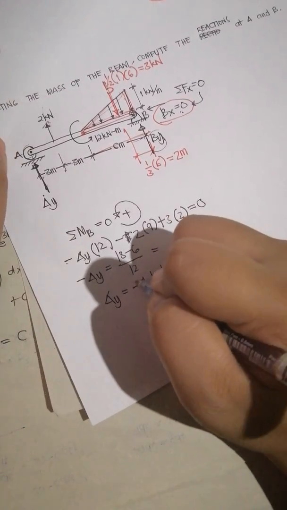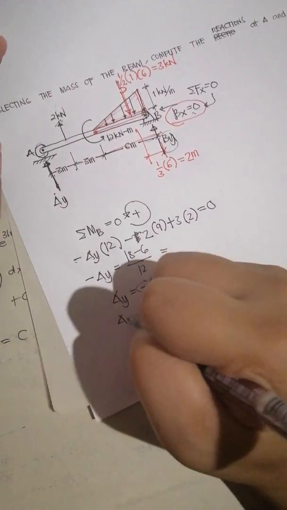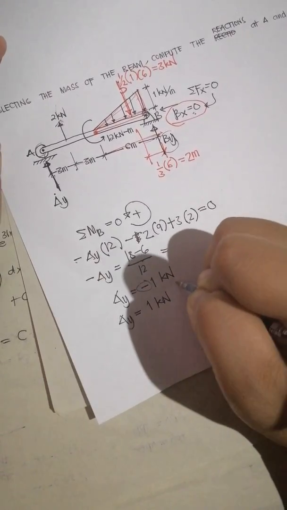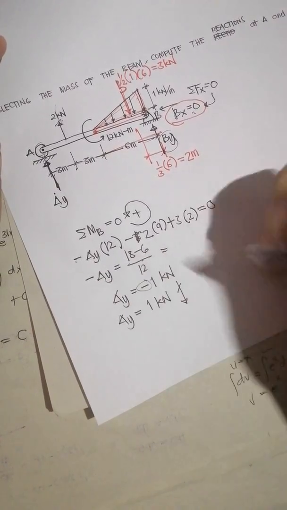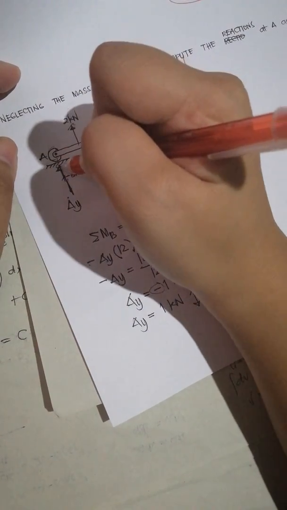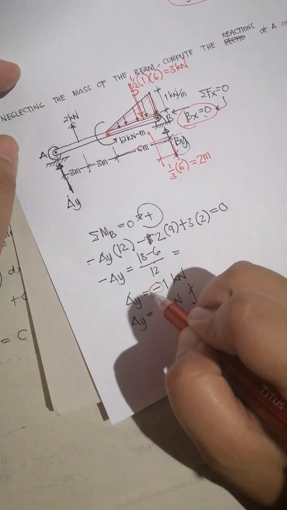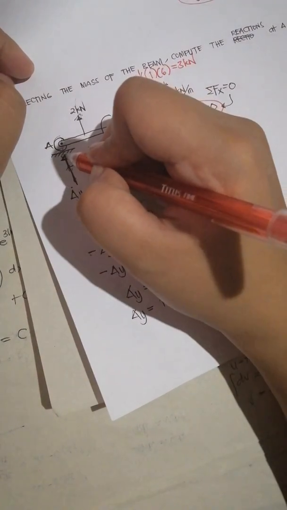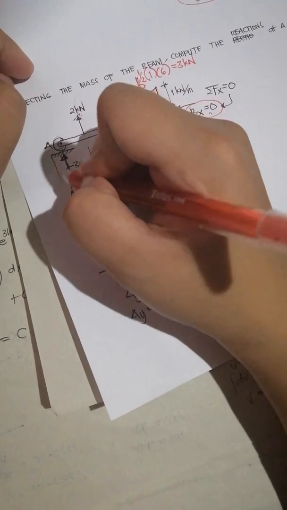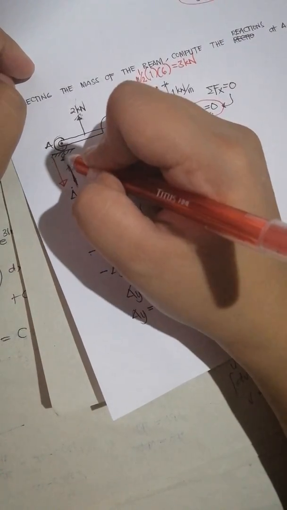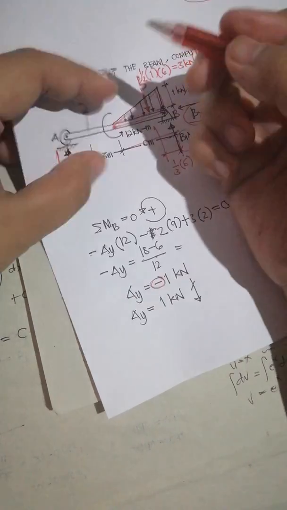Since the result is negative, we get rid of the negative sign: AY is 1 kilonewton and it should be downward. So let's correct this. Since the result is negative, this is not upward. It should be downward. So our initial assumption of the direction is wrong. Instead of upward, it should be downward.